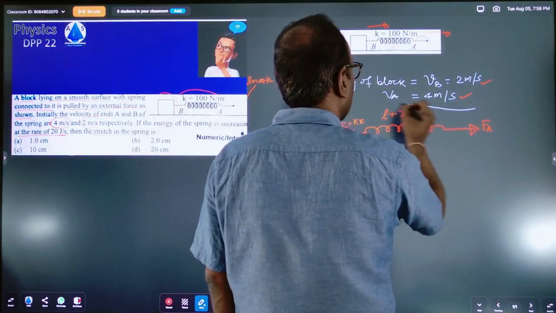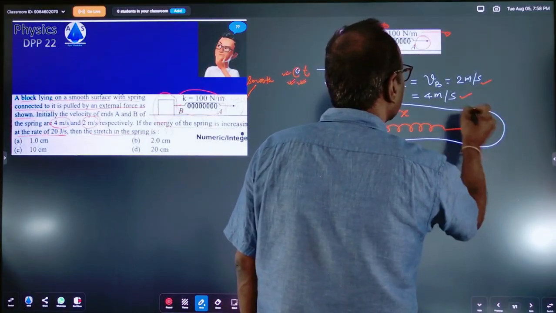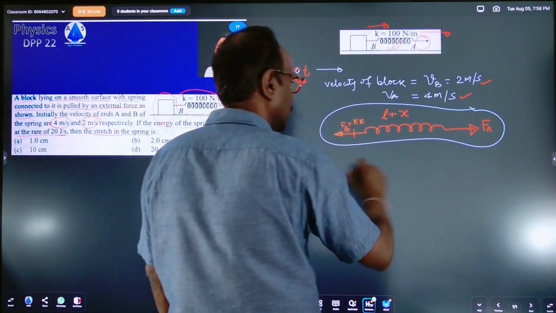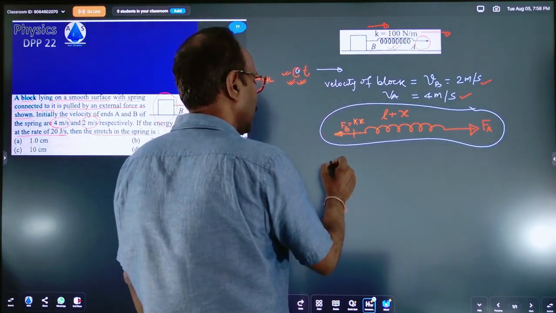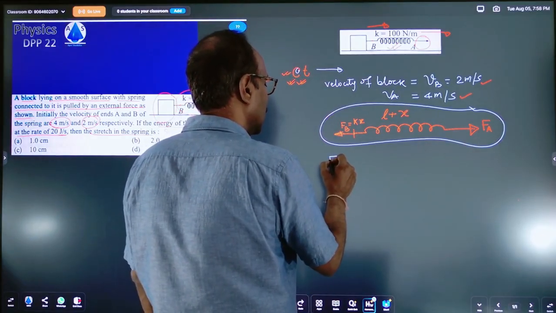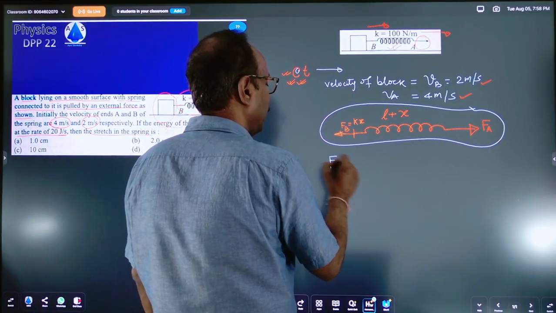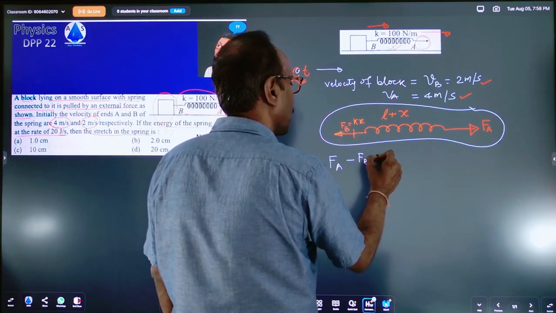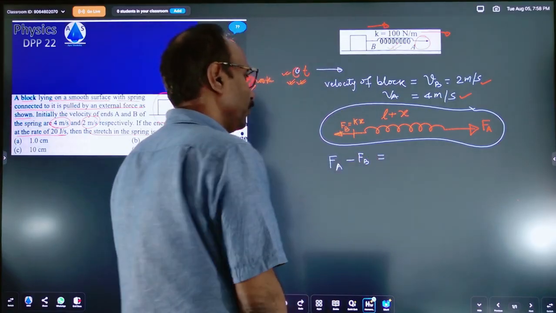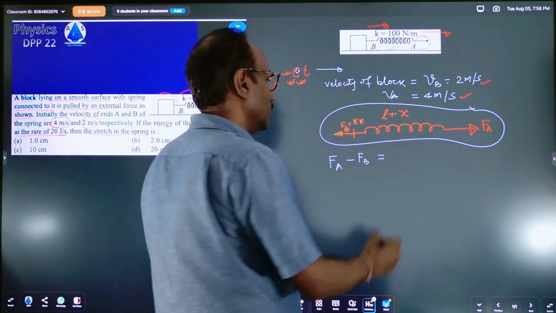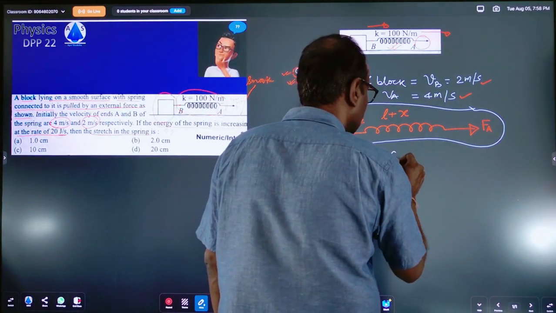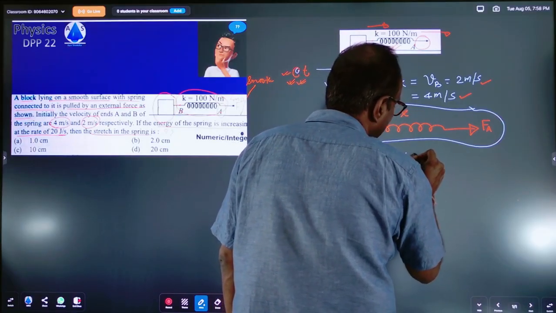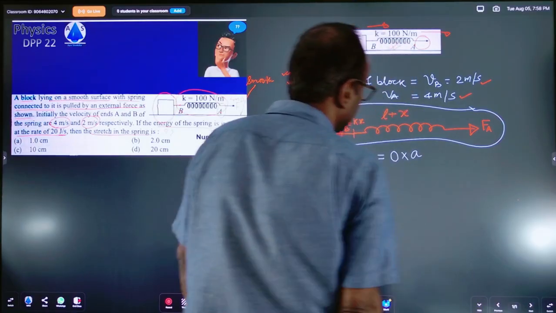So from this diagram of the spring, if we write the force in the horizontal direction, the net force in the horizontal direction is FA minus FB, equal to the mass of the spring, which we are taking as negligible, means zero, times its acceleration.